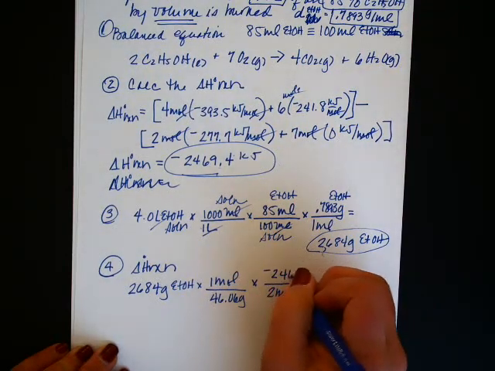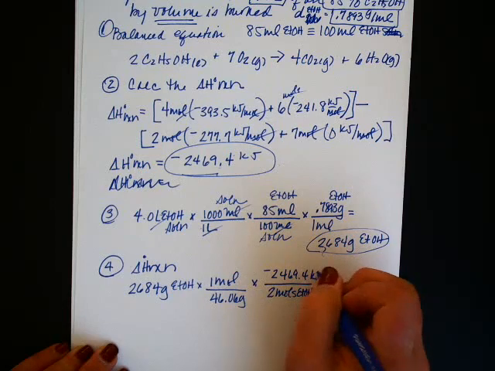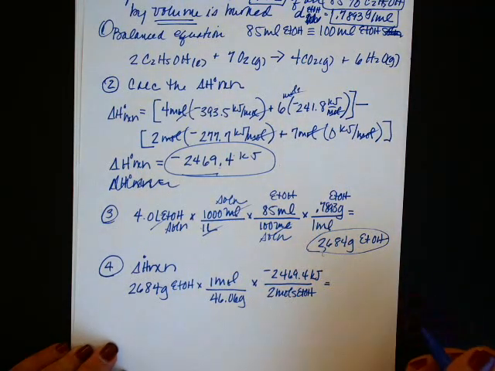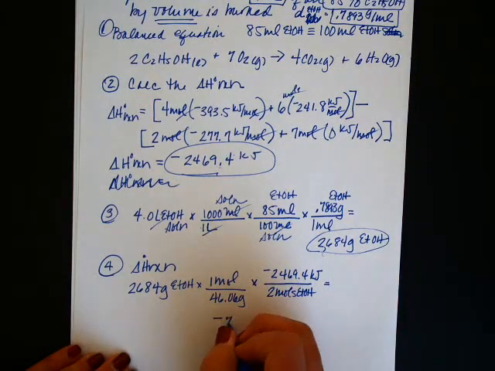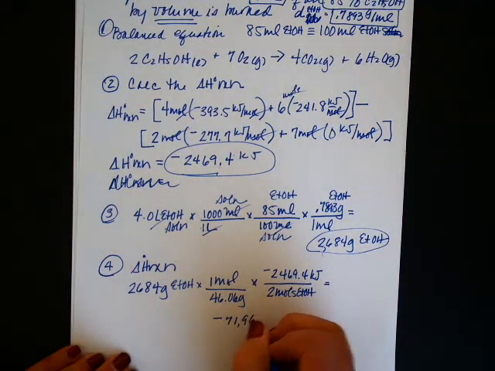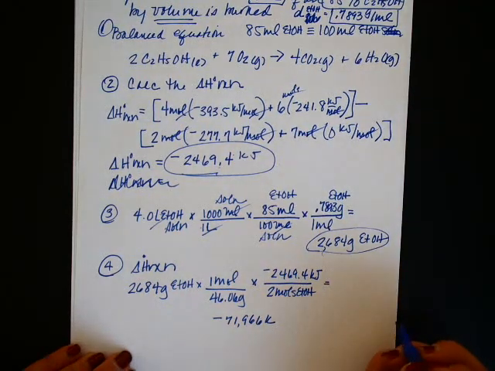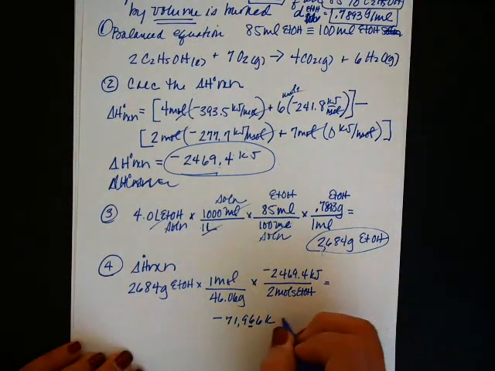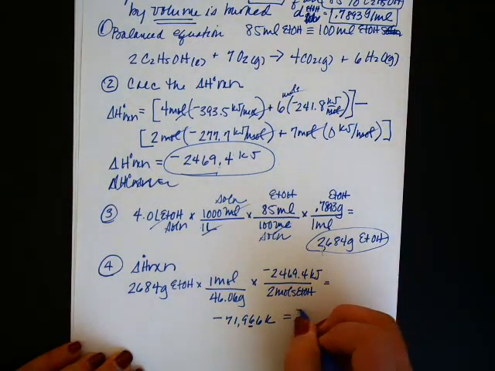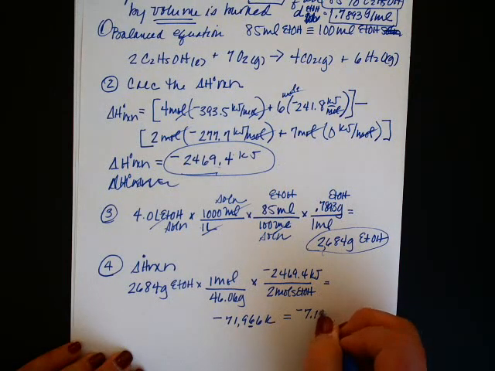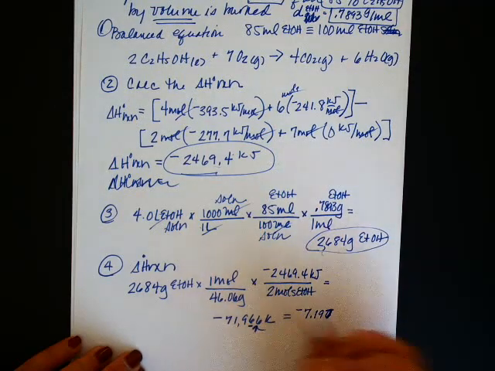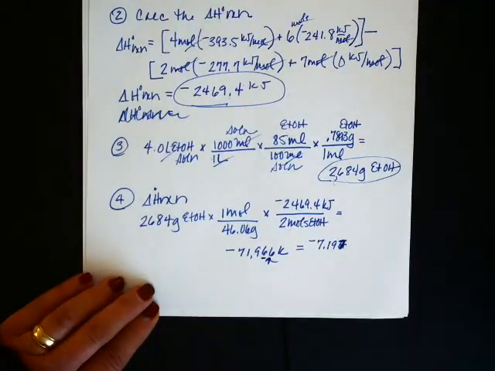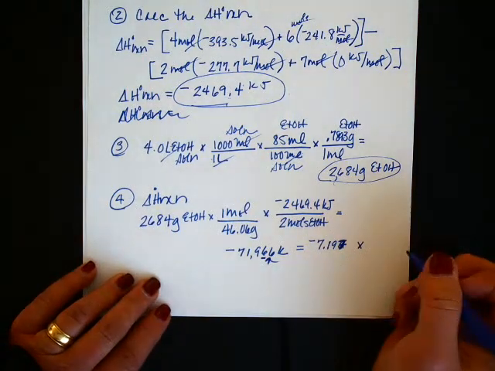And this should be negative 71966 kilojoules. We need 4 sig figs here, so that needs to go in scientific notation, so negative 7.196, or I'm sorry, 7.197, because this is a 6, times 10 to the 4th kilojoules.